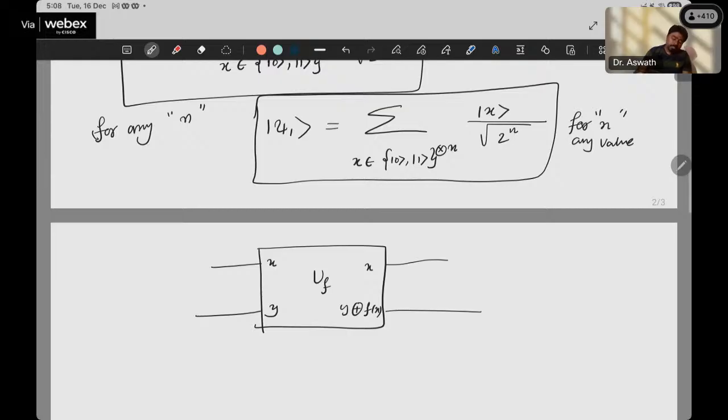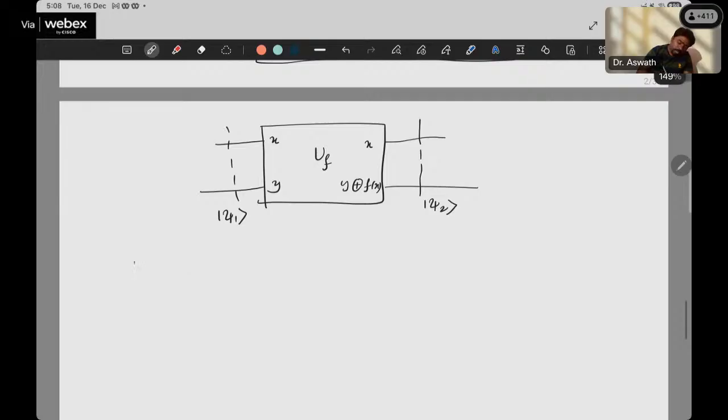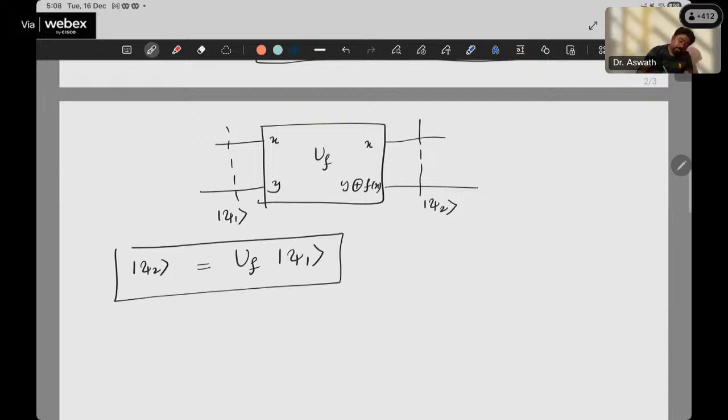At this point I have a psi 1 which becomes psi 2. What is psi 2, by the way? Psi 2 is the unitary function acting on psi 1. Now how should I find the psi 2?